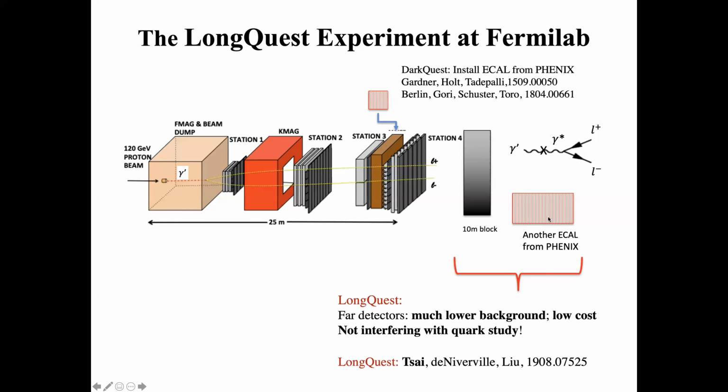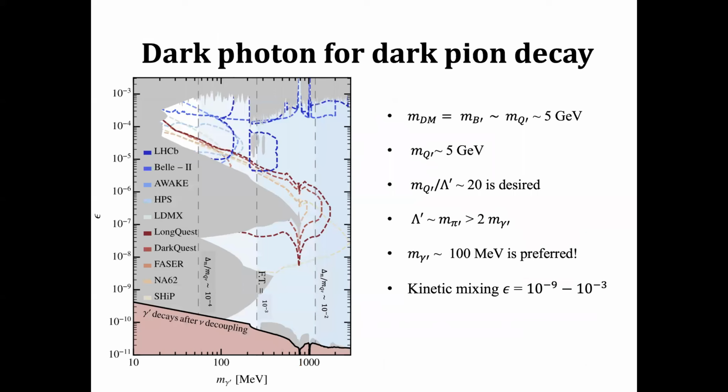Okay, so finally, let me bring you to the dark photon phenomenology. So now you have this quantification of how easily you hit your resonance. And the further you push down your dark photon mass, the easier you can hit the resonance. So this is 10 to the minus 2, 10 to the minus 3, 10 to the minus 4.